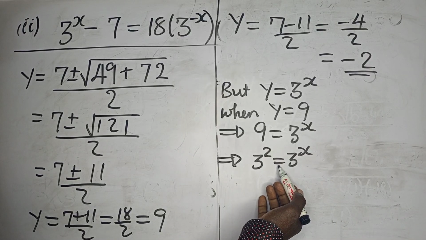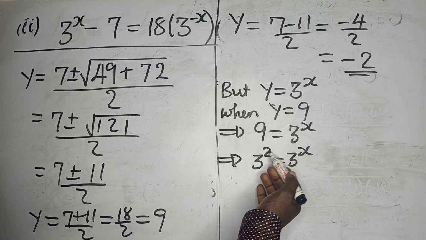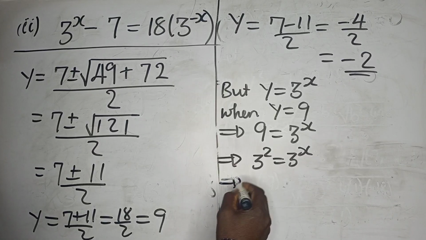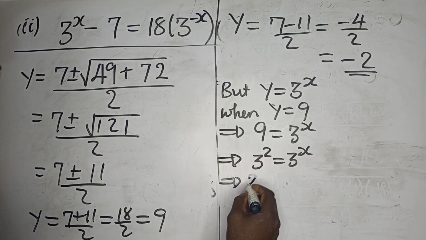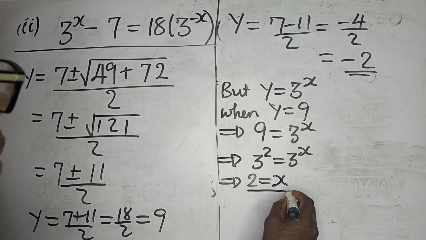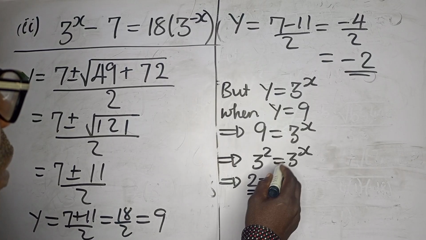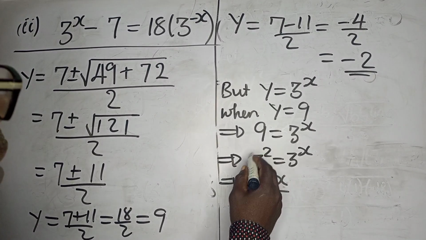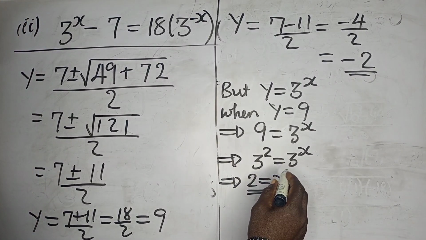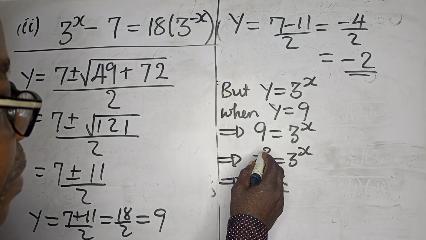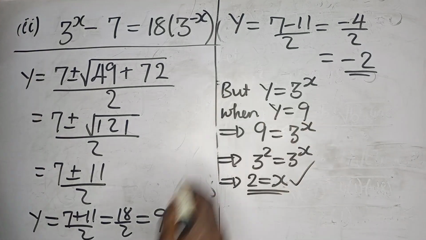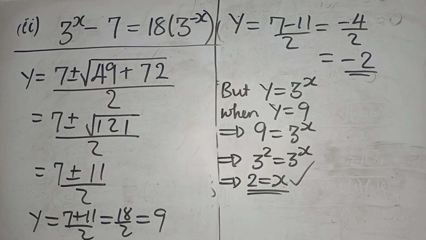Remember, equality is possible only when the bases are equal and the powers are equal. Now the bases are equal, it means automatically the powers are equal, since equality is already indicated. We are told that this is equal to this. That can only be true if only this power is equal to that power. So we see here the value of x is 2.